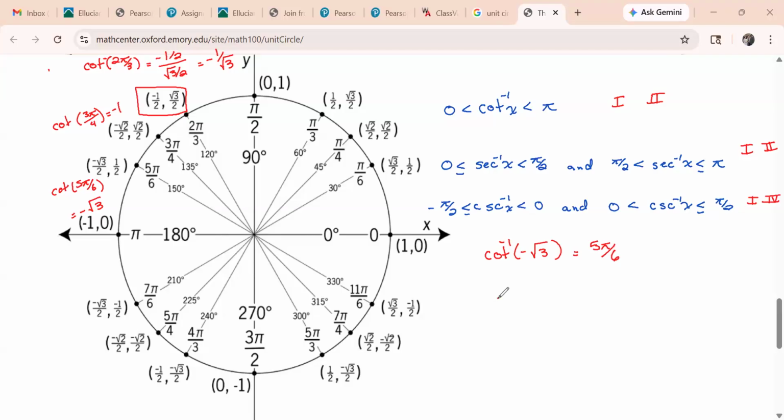Now, if I was looking for inverse secant of 2 square root of 3 over 3, remember in this case that secant is just your inverse of cosine. So if it helps, think of it like this.